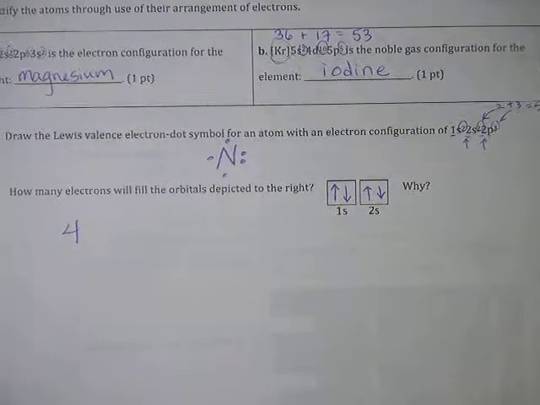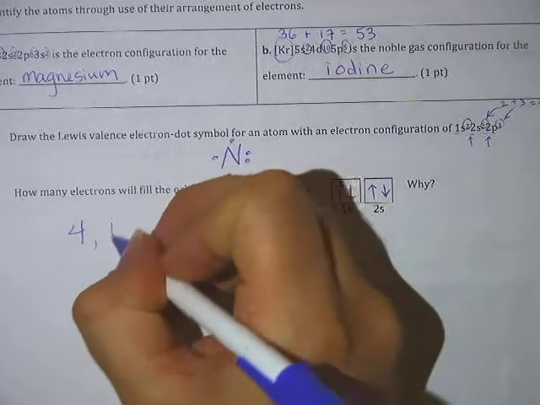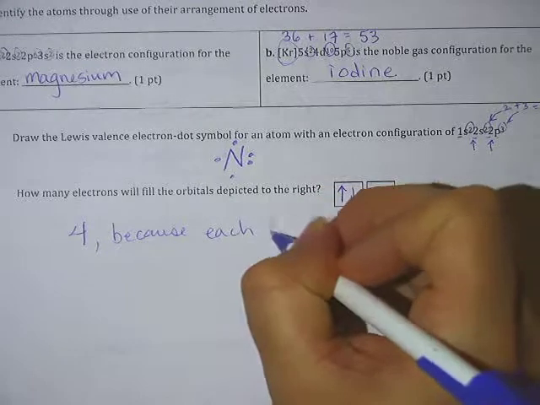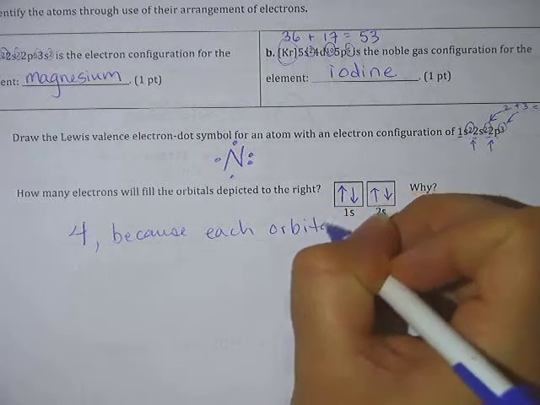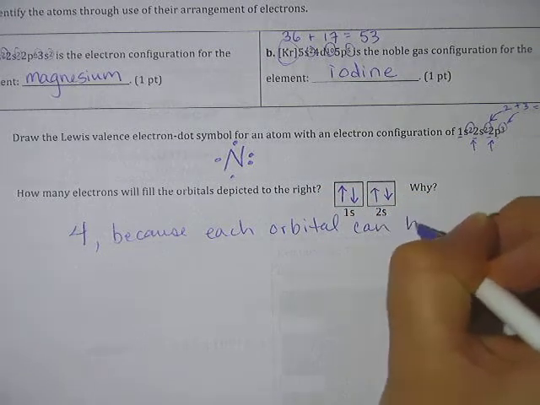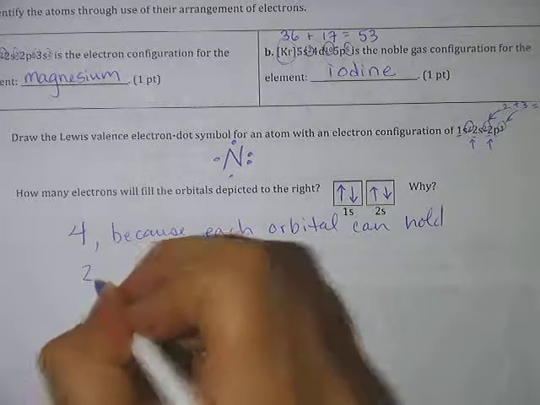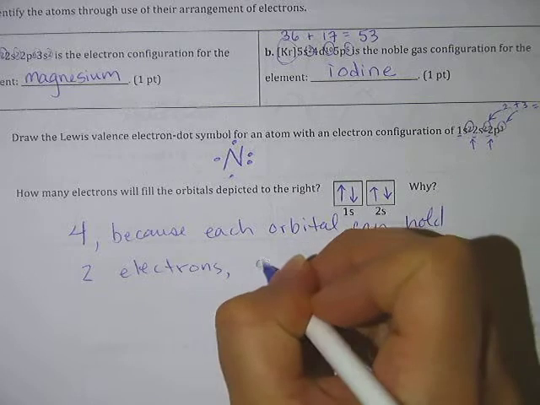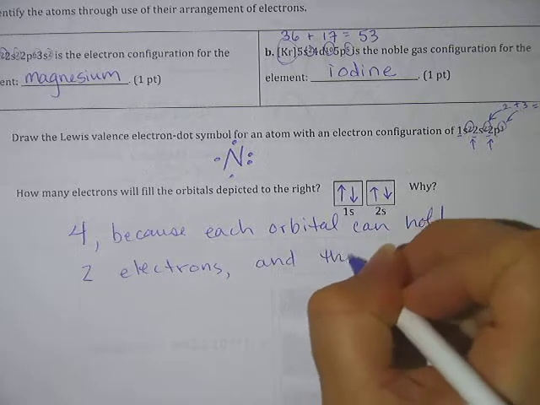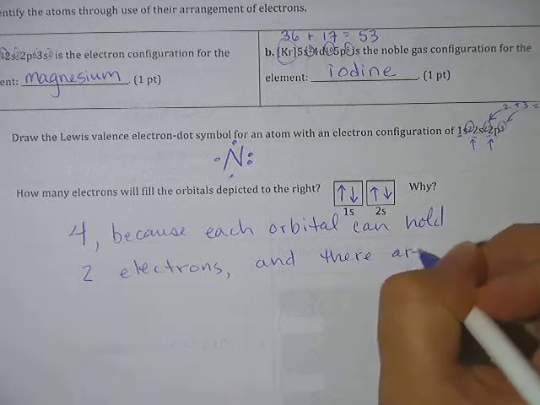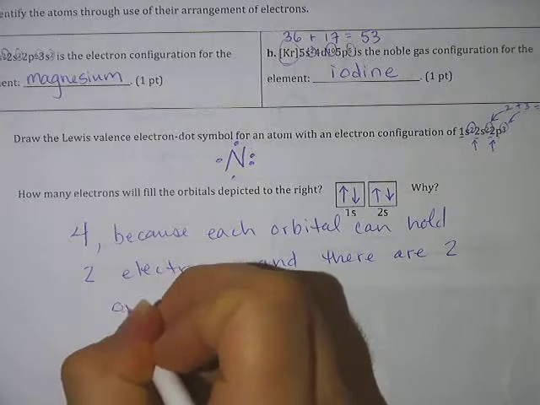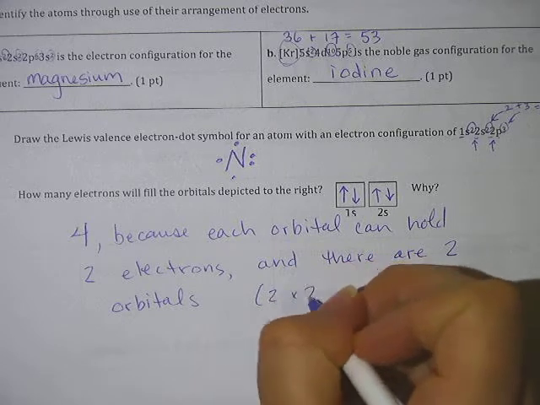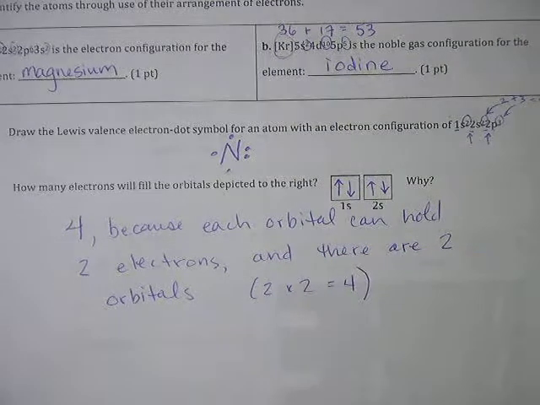They ask why, because each orbital can hold 2 electrons, and there are 2 orbitals. So 2 times 2 equals 4.